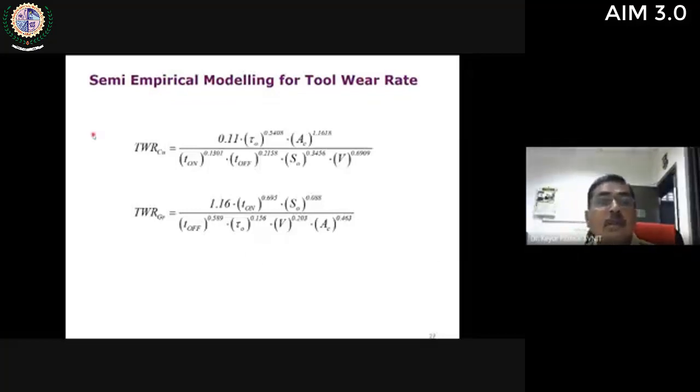And we analyzed and came out with the equation for tool wear rate for all parameters, which are thermophysical parameters of the tool material, and not only that, electrical parameters during operations. So we came out with two equations, that is tool wear rate for copper and tool wear rate for graphite.